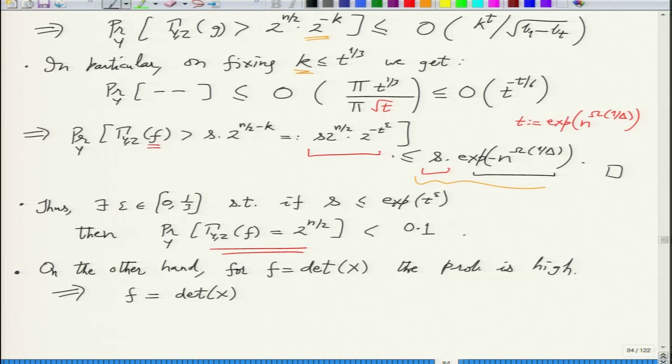How much was it? It was s times 2 raised to n minus 16. No, that cannot be. Anyways, F computes determinant only if s is greater than exponential in t raised to epsilon.